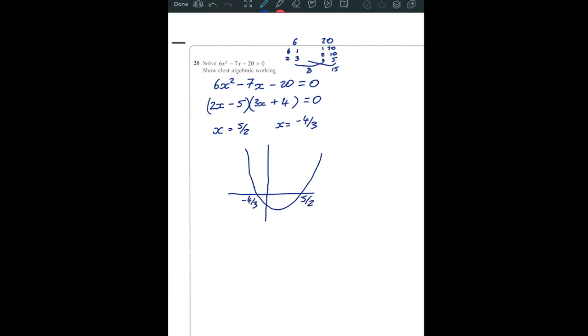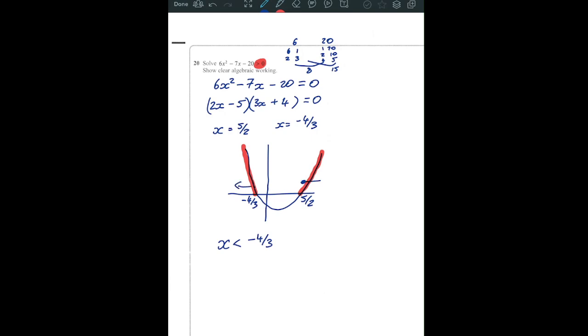And the original question wants this graph to be bigger than 0. So we're looking for where this curve is above the x-axis, which is that region and that region. We're going to describe those with inequalities. The left branch is where the x values are smaller than negative 4/3, that side.